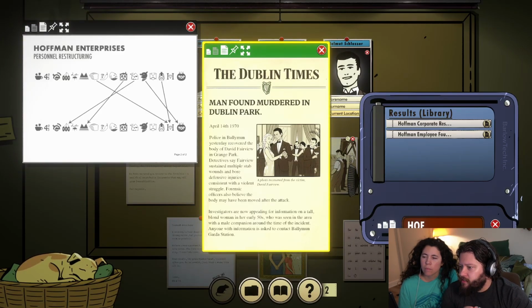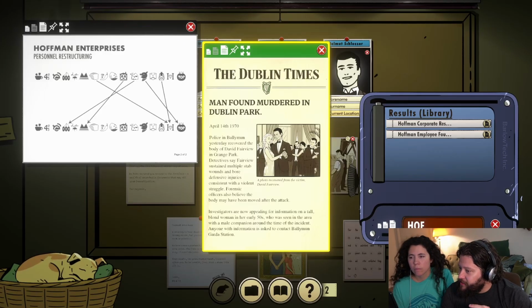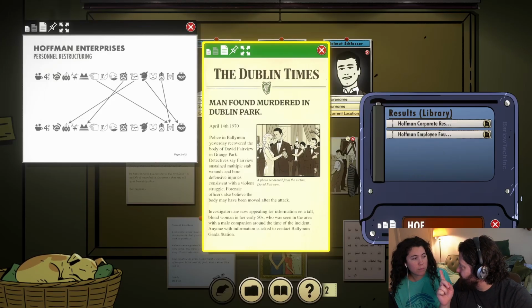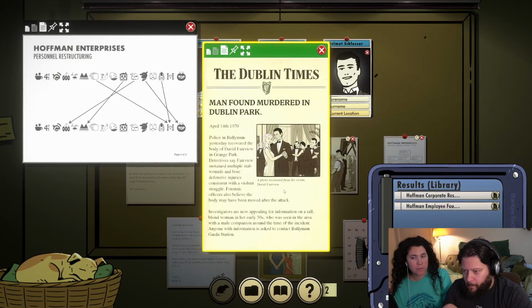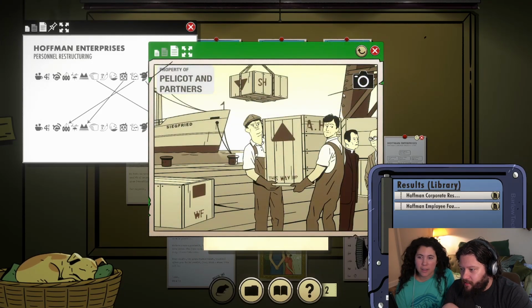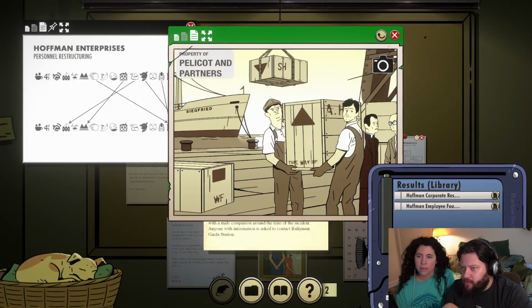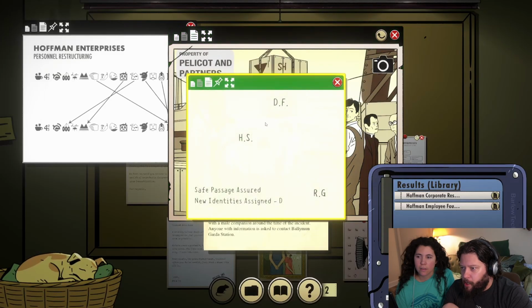Police in Ballymun yesterday recovered the body of David Fairview. And DF, that was the thing on his box. What box? On this box. Ah, yes. Helmut Schlosser. Flip it. DF. David Fairview.